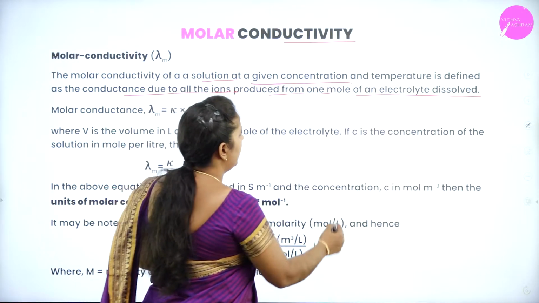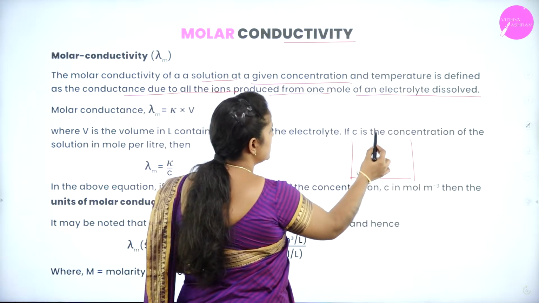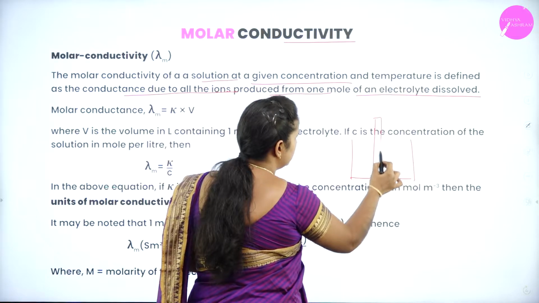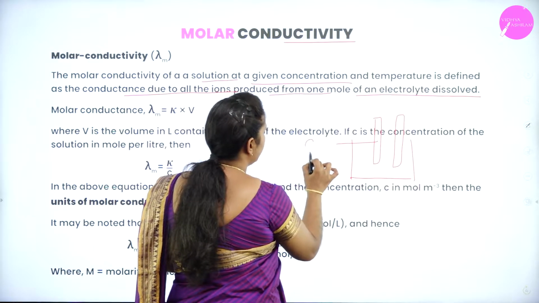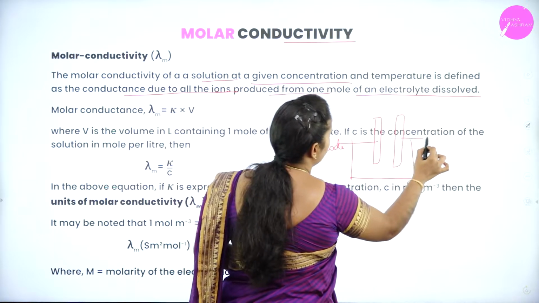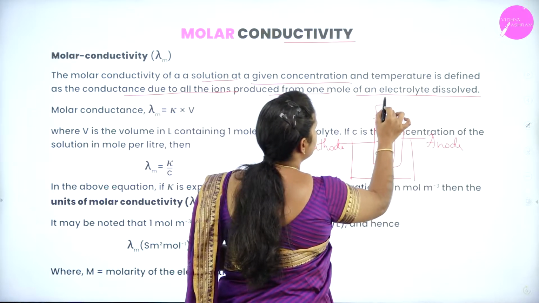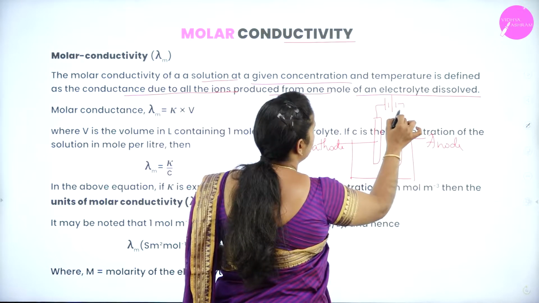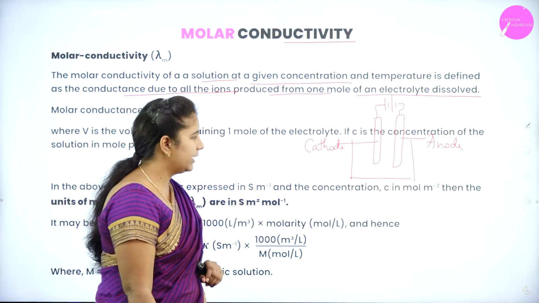For example, if you consider a container which consists of electrodes, one will act like a cathode and another will act like an anode, and we have connected these two electrodes to the battery or to the electrical current.